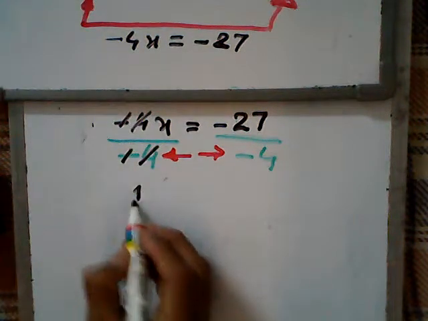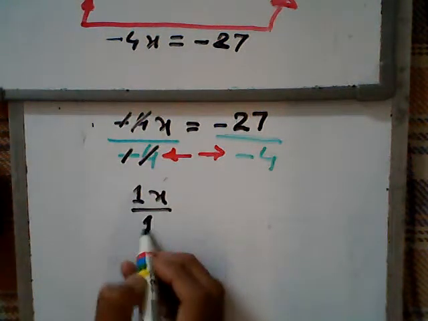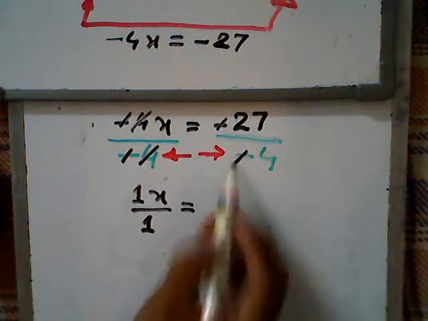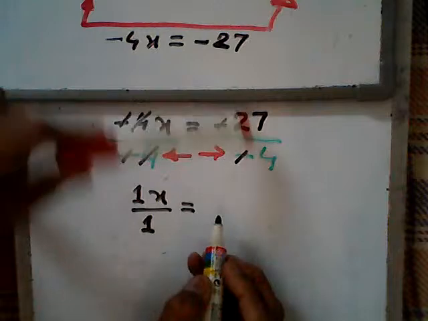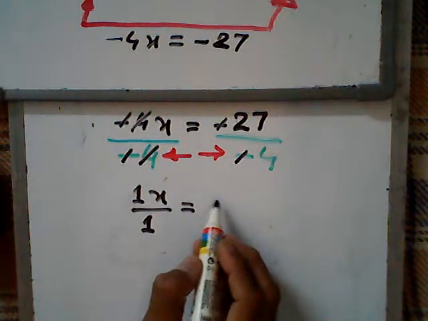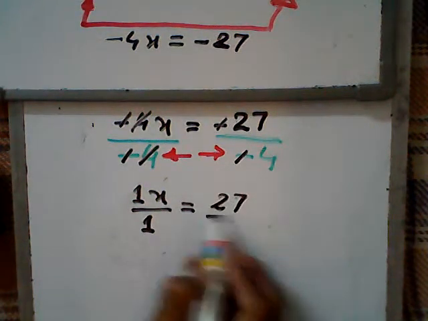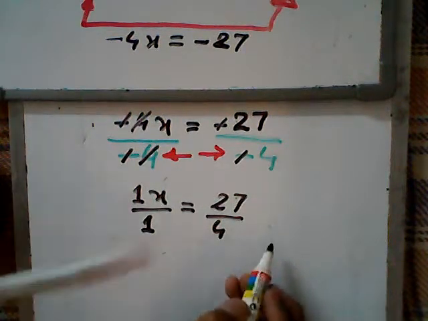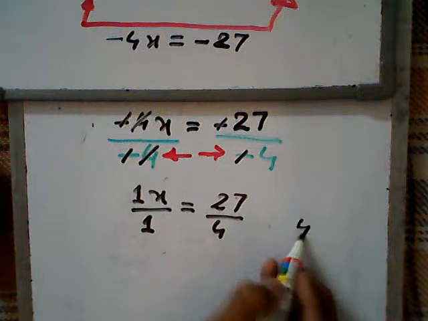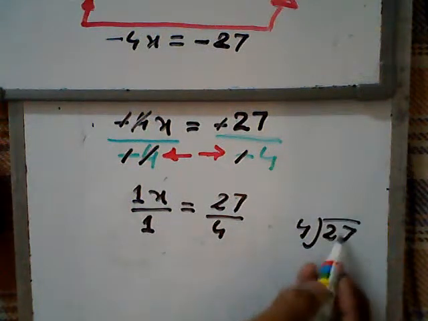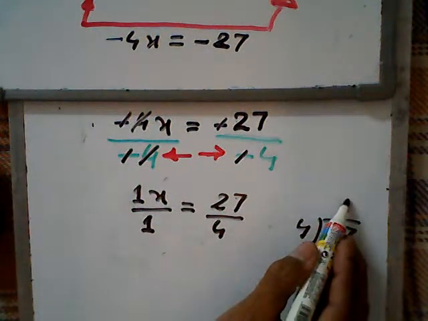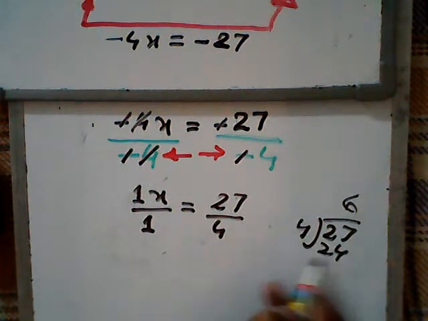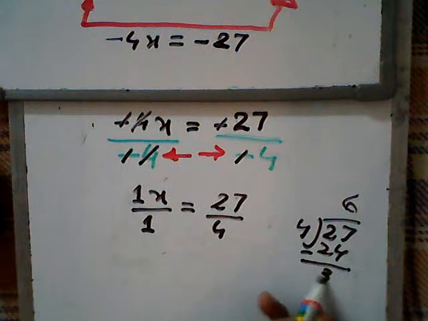So 1x over 1 is equal to, and the minus cancels, but this could not be simplified, so 27 by 4, but we can write this as a mixed fraction because the denominator is smaller. So 4 divides 27: 4 sixes are 24, and 3 is remaining.